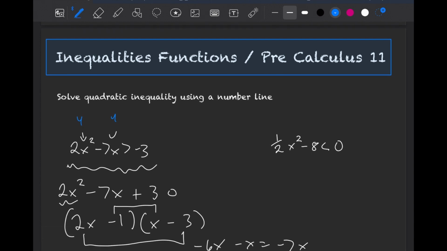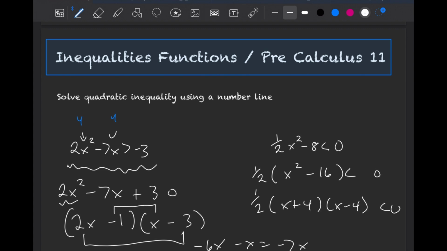1/2 x squared minus 8. In this one, I'm going to factor out the 1/2, and then this will give me x squared minus 16 is less than 0, and that's a difference of squares, so it's going to be x plus 4, x minus 4 less than 0.